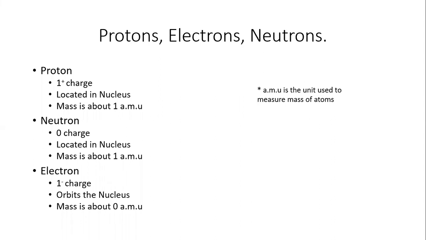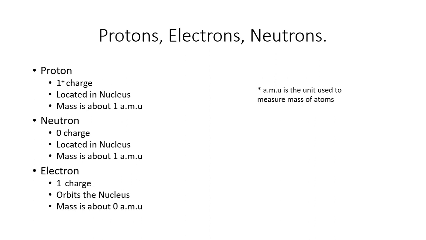Today, the main thing that we'll learn about is protons, electrons, and neutrons. A proton has a 1+ charge, and it is located in the nucleus. The mass of a proton is about 1 AMU, and an AMU is the unit used to measure the mass of atoms.